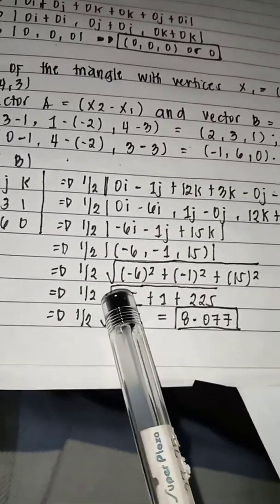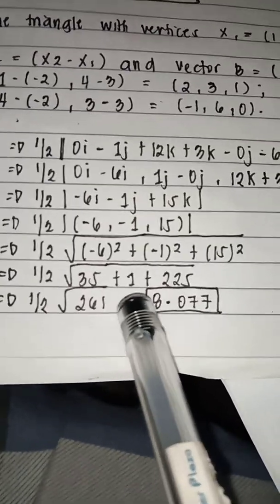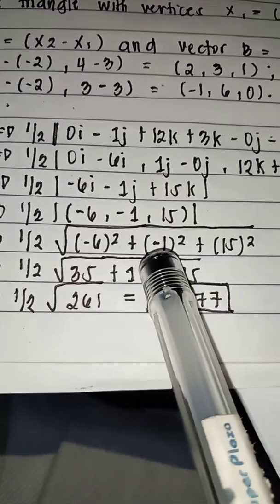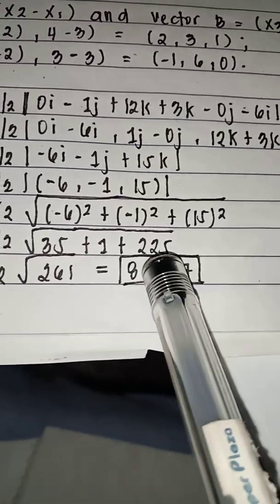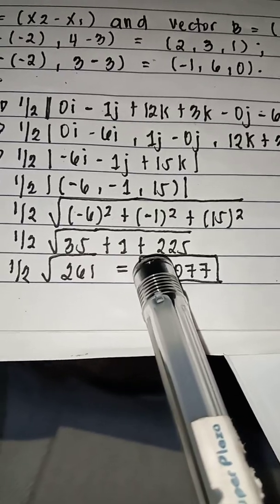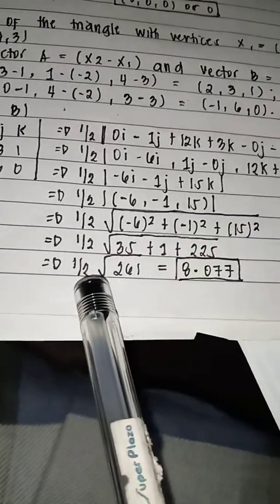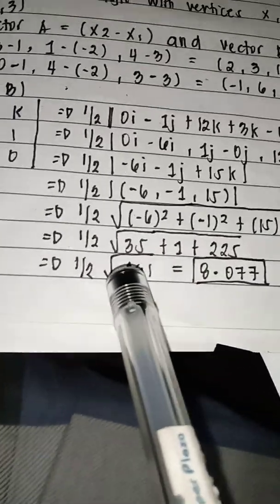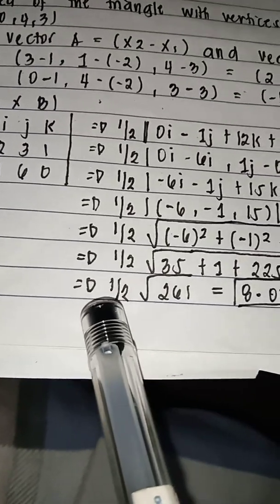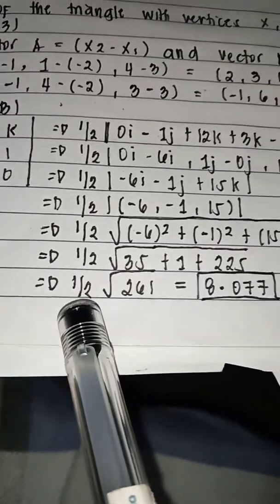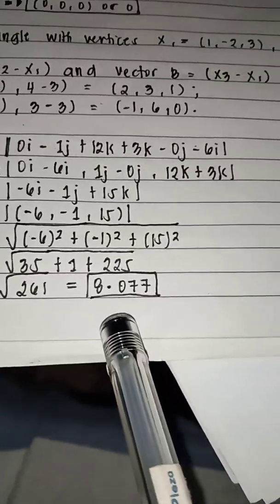The answer of negative 6 to the power of 2 is equal to 36, plus negative 1 to the power of 2 is 1, plus 15 to the power of 2 is positive 225. So 36 plus 1 plus 225 is equal to 262, 261 rather.